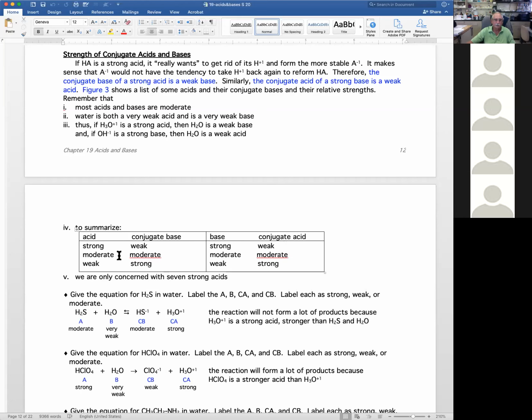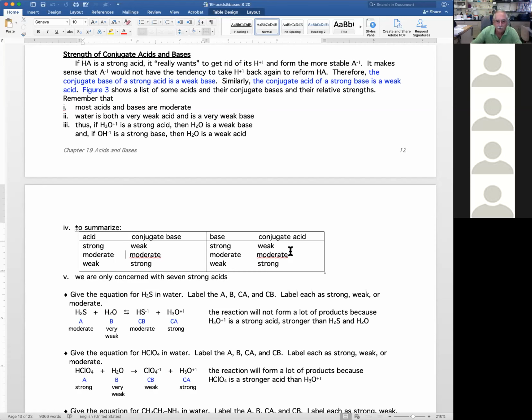But most things fall into the moderate. So if you're a moderately strong acid, it's like, well, I kind of want to get rid of my H+, but once you got rid of it, okay, I might take it back. So there's the equilibrium there.